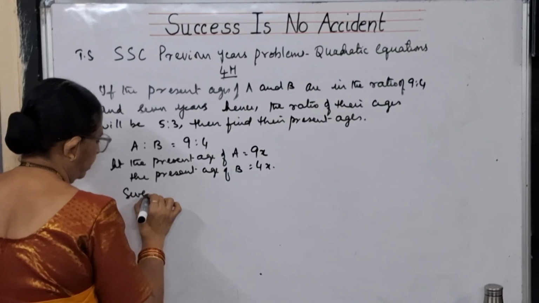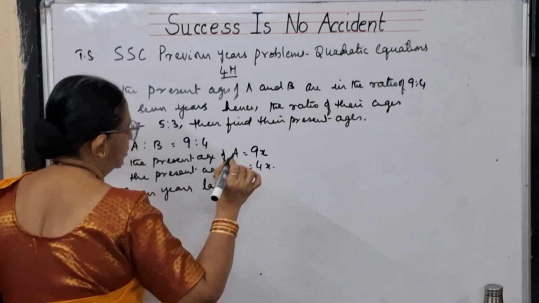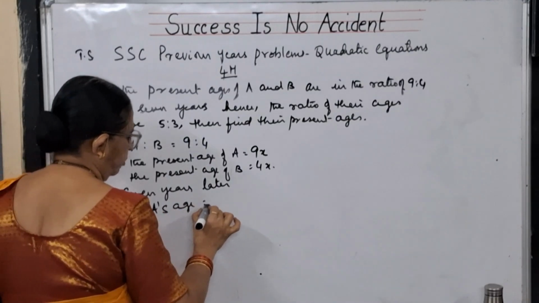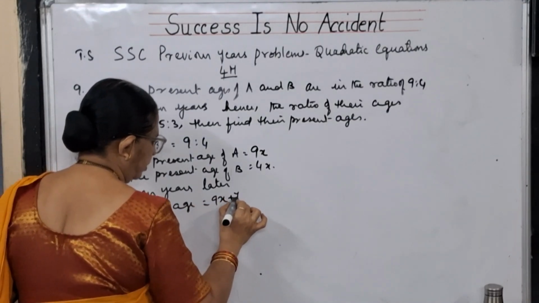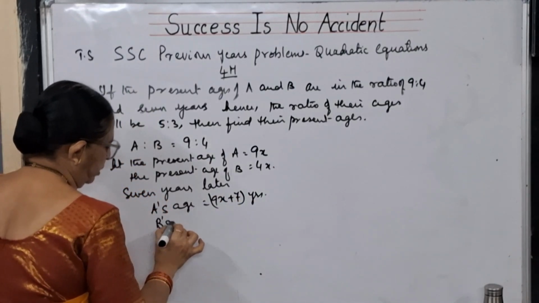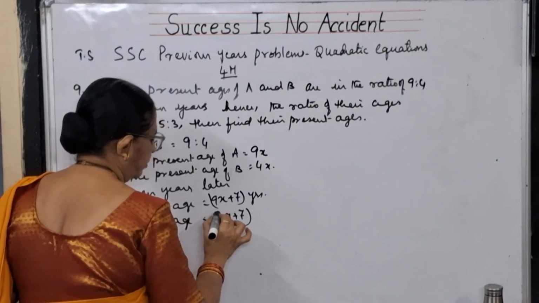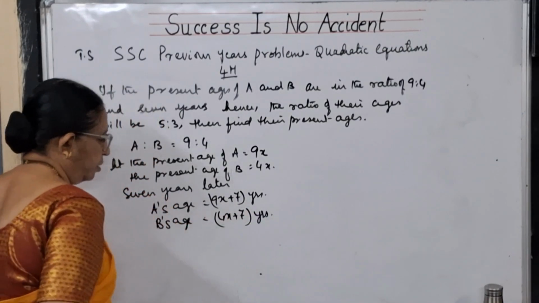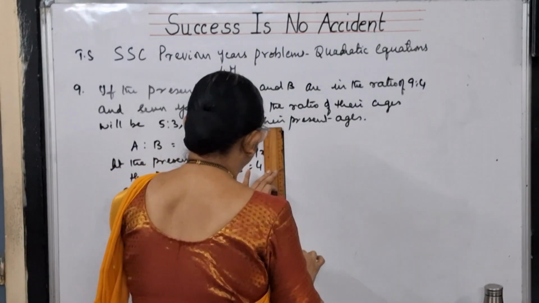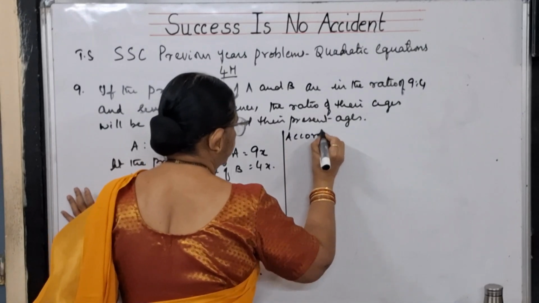So 7 years later, A's age will be 9x plus 7 years, and B's age will be 4x plus 7 years. But what did they give? Their ratio is given as 5:3.